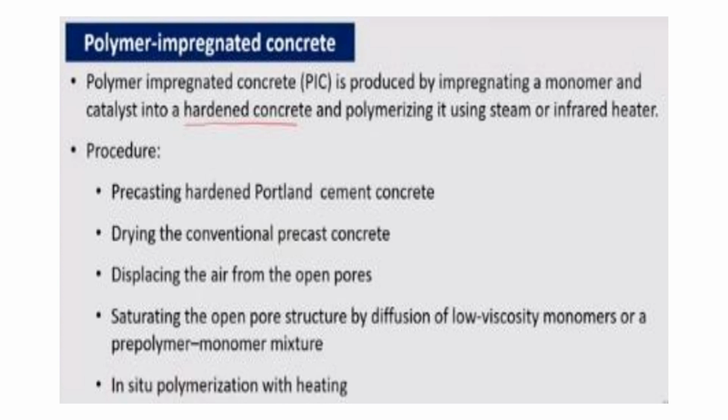Then we have to displace the air from the open pores, then saturate the open pore structure by diffusion of low viscosity monomers or a pre-polymer monomer mixture, and then what is required is in situ polymerization with heating. So everything has to be made in a controlled environment: precast, then drying, displacing the air, and then diffusion of low viscosity monomer or pre-polymer monomer mixture, and inside, that is at the original place, we have to start the process of polymerization through heating.